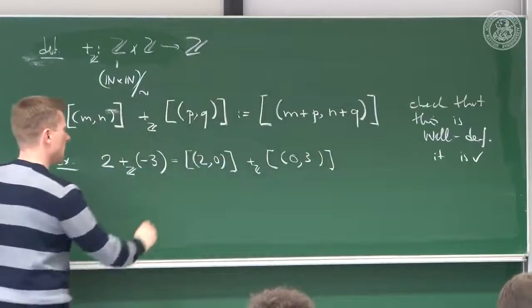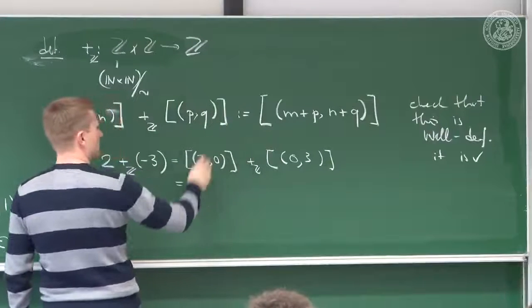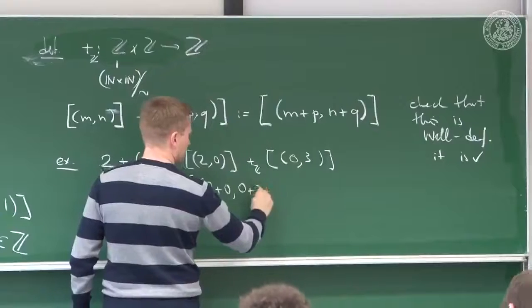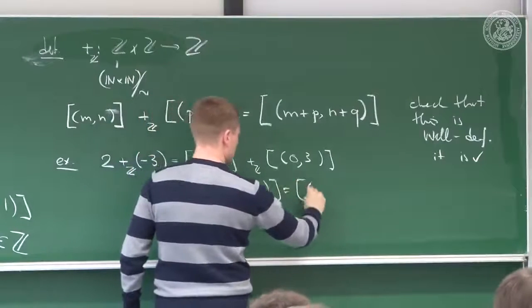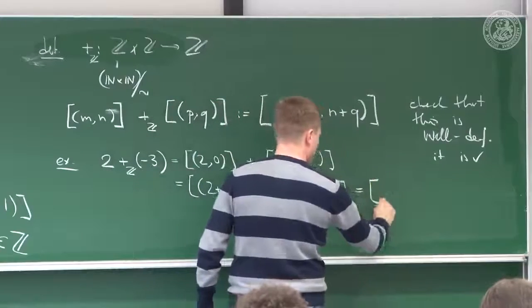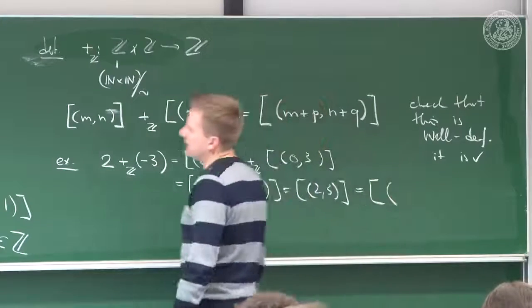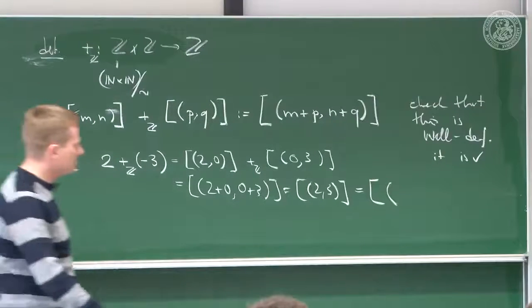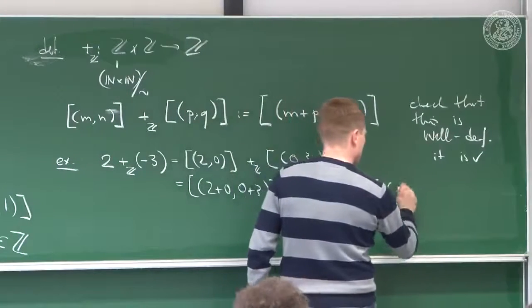It's a simple one. Now we take the definition of the plus. This is 2 plus 0, 0 plus 3. This is, of course, 2, 3. Now, 2, 3, however, one can check by the definition of this equivalence relation, 2, 3 is 0, 1.